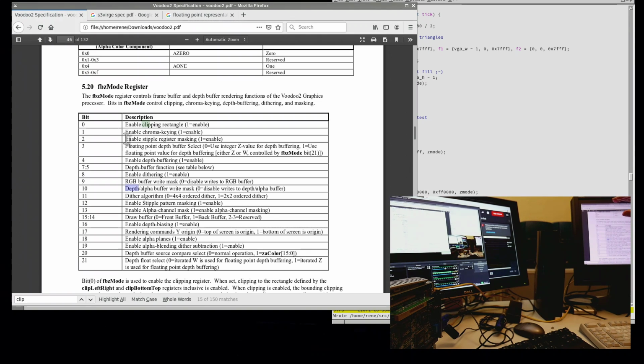Fun fact, the Virge needs them sorted by Y coordinate decreasing, so from bottom to top. You can watch the previous videos if you're interested. So the Virge always draws bottom up and the Voodoo always draws top down, interestingly.